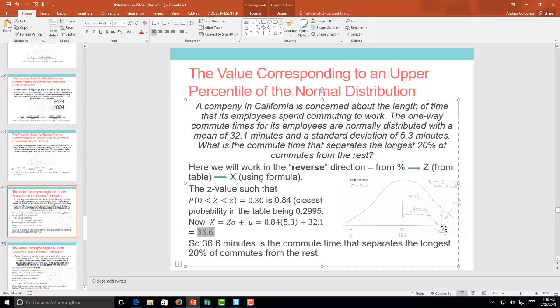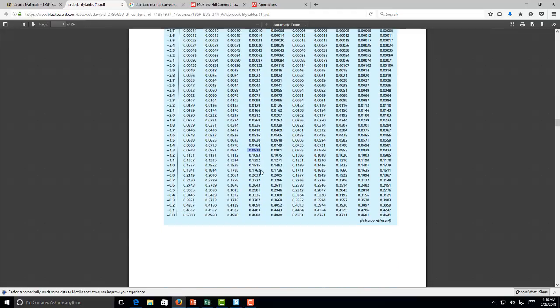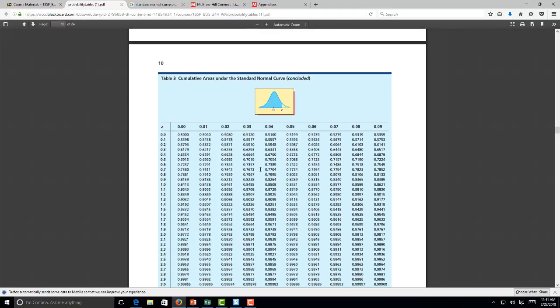Now, if we're using the bigger table, think of the same thing. The way we started out was solving for this to be 30%. Well, the cumulative table looks at it from this point the whole way to this point. So if this is 20%, then from here to here is 80%. When we go to our table, we know it's to the right side of the curve, so we don't even have to deal with the negative z-scores.